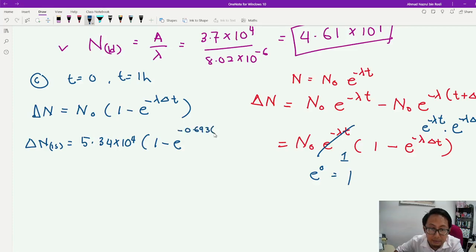Delta t is 1 hour, which is 60 minutes, and 1 minute is 60 seconds, so 3,600 seconds for delta t.